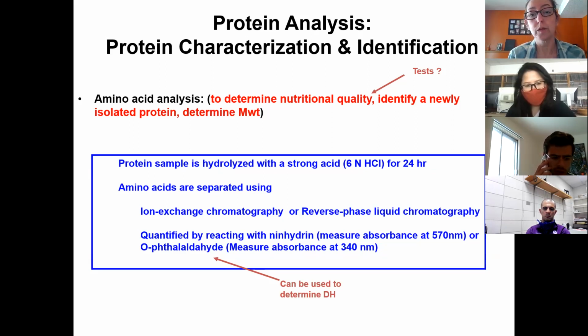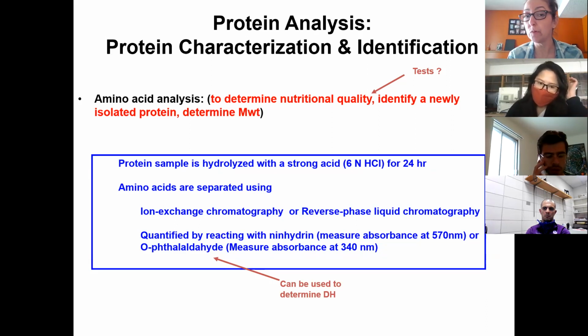The issue with using strong acid is that some amino acids get destroyed, like tryptophan, for example. We cannot detect it that way. So oftentimes, in order to get the complete amino acid composition, we have to do multiple ways of hydrolysis.